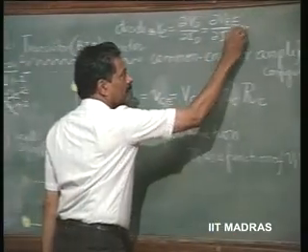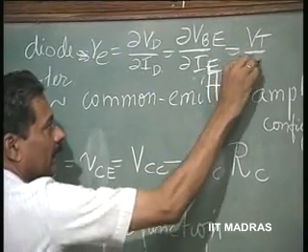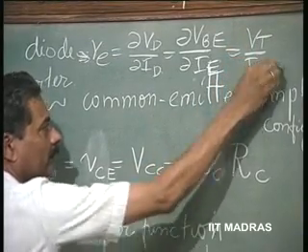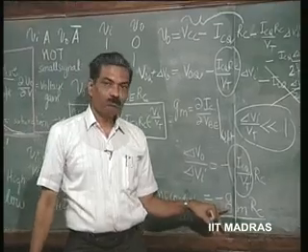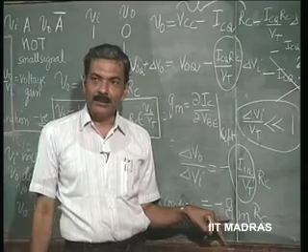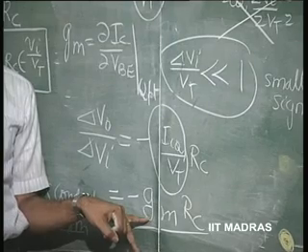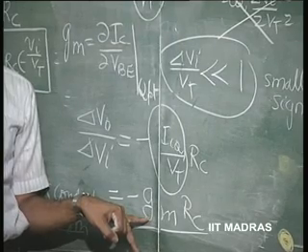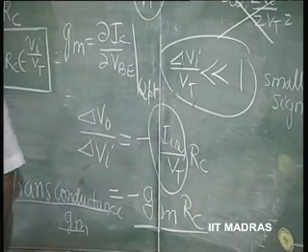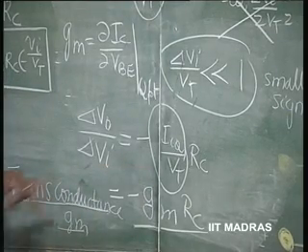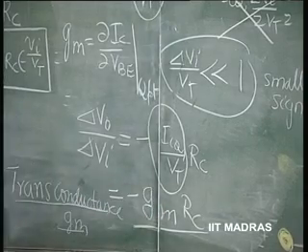So, this is got as Vt divided by IEQ. So, here GM is alpha times IEQ divided by Vt, that means alpha divided by Re. So, this is an important definition, minus GM into RC is the gain.